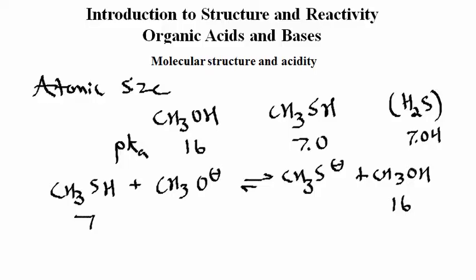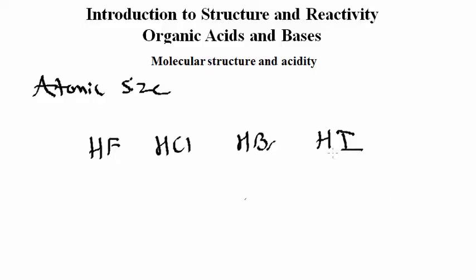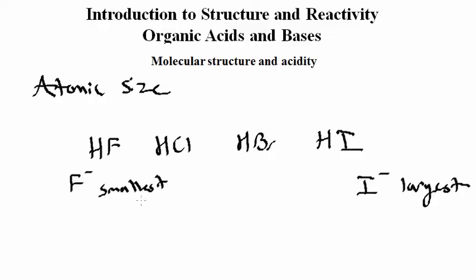Accordingly, the negative charge on sulfur in the methane thiolate ion is spread over a larger volume of space. It's more delocalized. Therefore, the CH3S- anion is more stable. We see the same trend in the strength of the halogen acids, HF, HCl, HBr, and HI. These increase in strength from HF being the weakest to HI being the strongest acid. Of their anions, the iodide ion is the largest. Its charge is delocalized over the largest volume of space and therefore is the most stable.